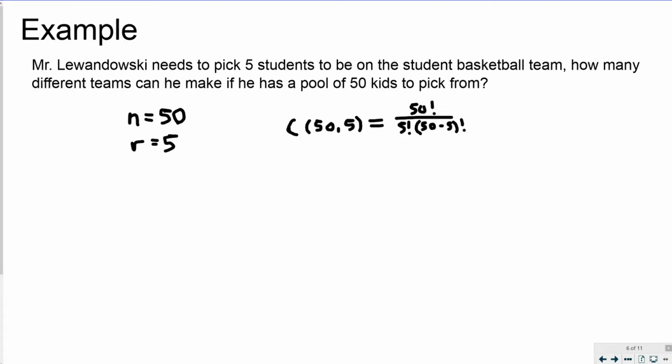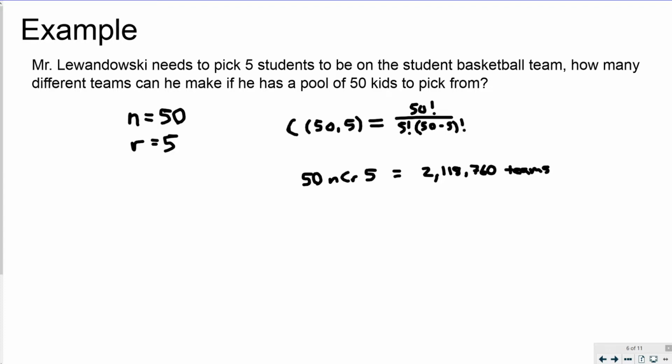factorial. And so when we calculate this out, remember our calculator has that shortcut where we could put in 50 nCr 5. That's equal to 2,118,760 different teams that can be made.